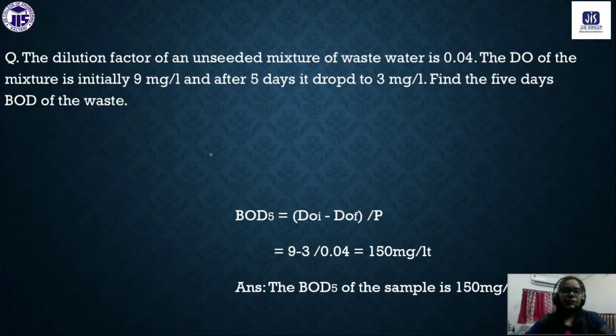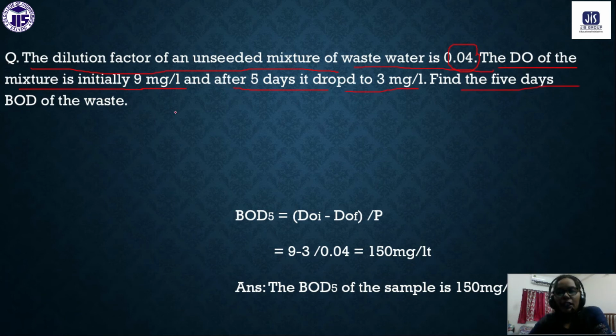Okay, next, one more numerical we have: the dilution factor of an unseeded mixture of wastewater is 0.04. That means the dilution factor is given. The dissolved oxygen of the mixture is initially 9 milligram per liter, and after 5 days it dropped to 3 milligram per liter.